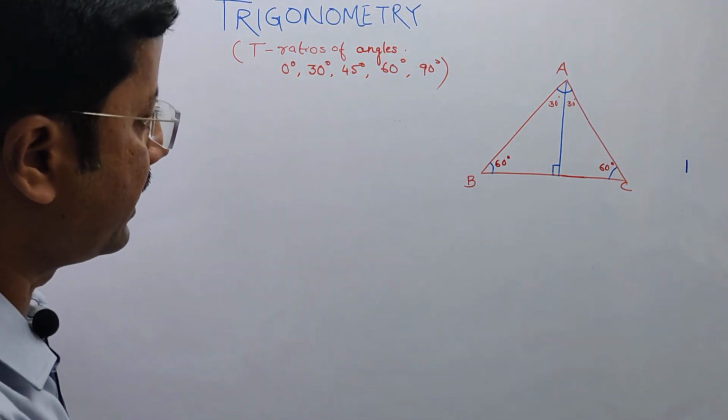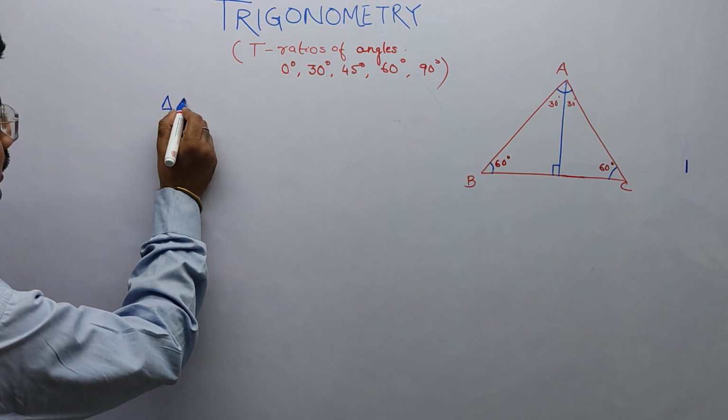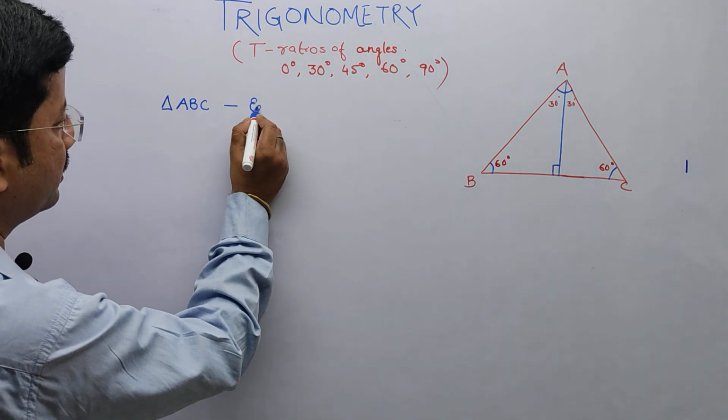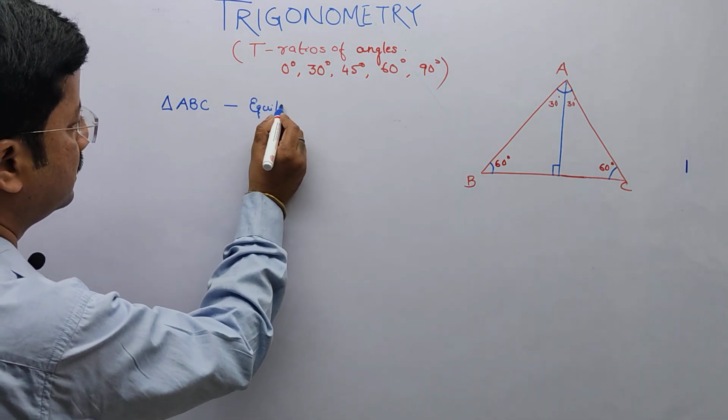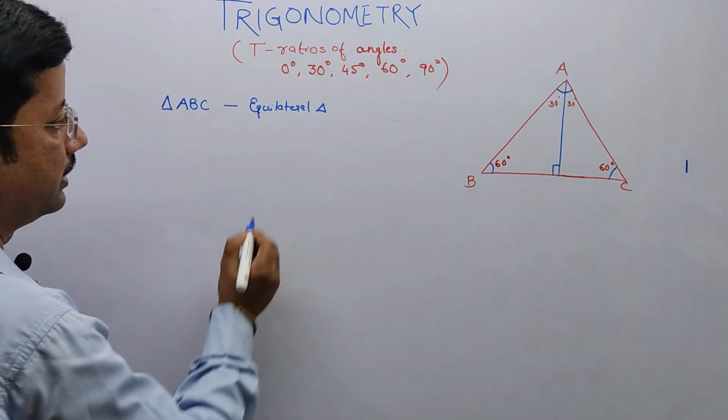we have taken a triangle ABC, equilateral triangle.